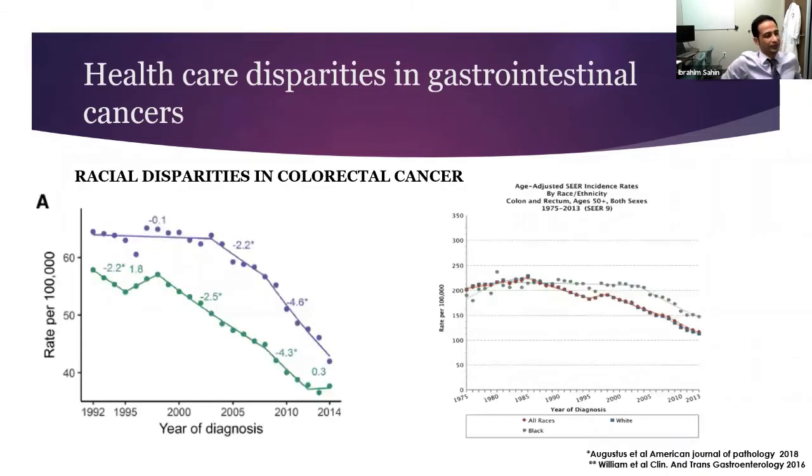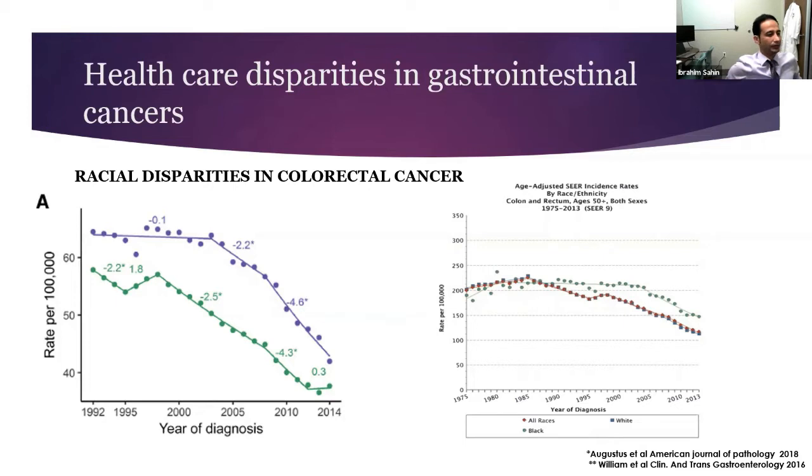So this is just a brief introduction for an overall perspective on the different types of cancers, but this is mostly focusing on colorectal. Starting in the early 90s, this blue line on the left figure shows the Black community, and the green line on the bottom shows the white population.